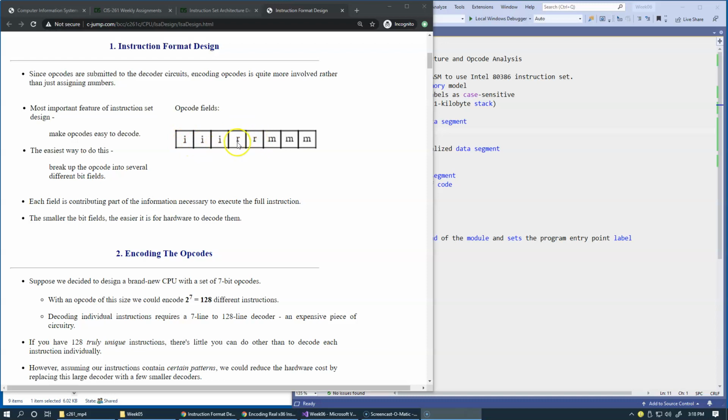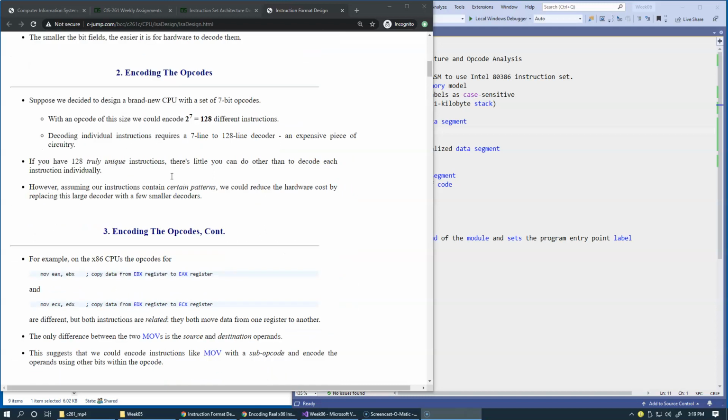This could be the code of a register, and this could be the memory addressing mode if this instruction wants to work with memory. So these are individual bits in an example of one single byte with 8 bits. And so the idea is to break encodings into individual bit fields.